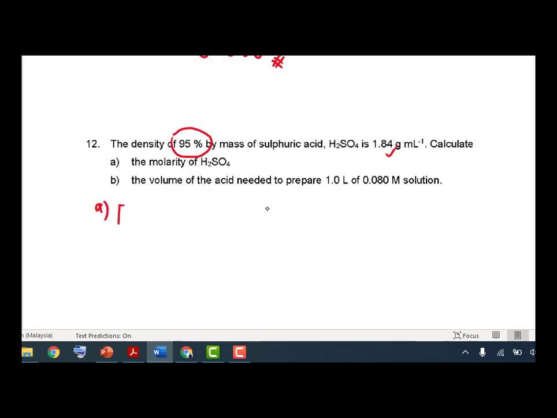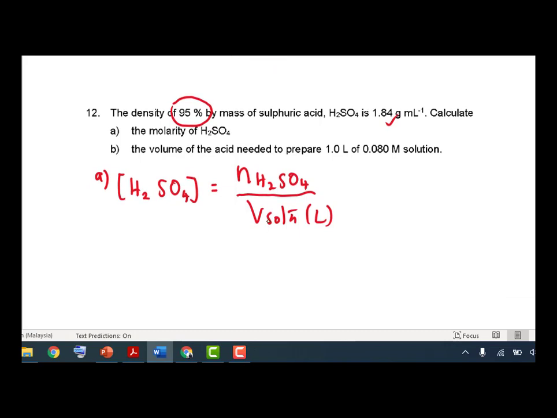So how can we find it? Get back to the definition. Molarity is the mole of solute, which is sulfuric acid, divided by the volume of solution in liter.